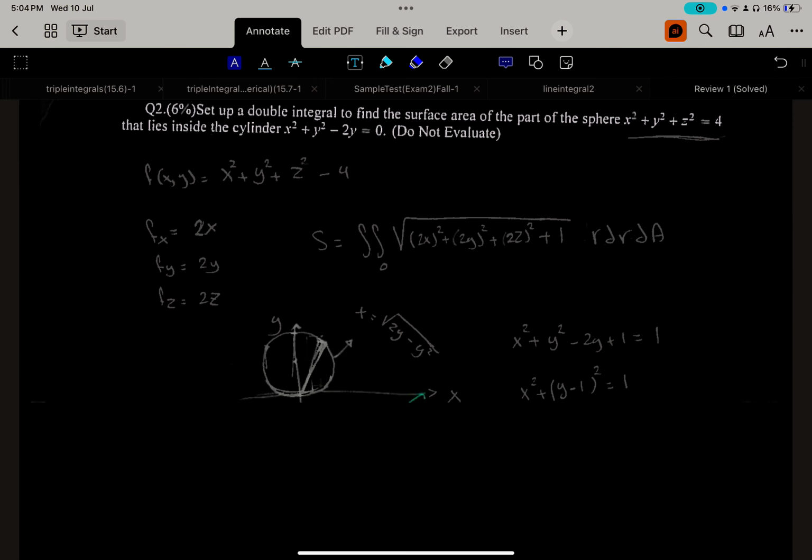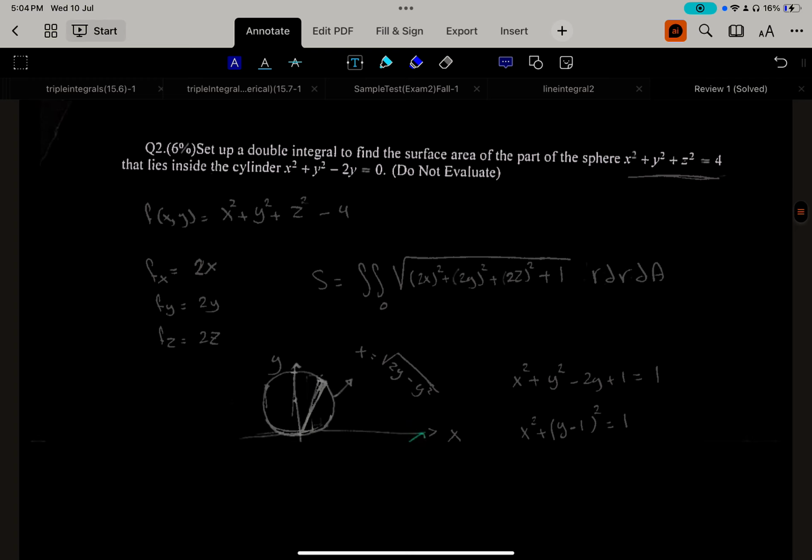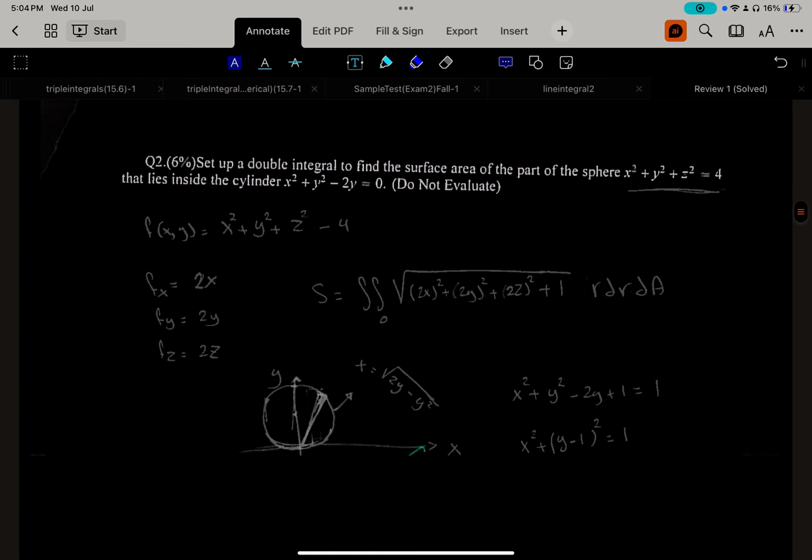So I see that there's x squared plus y squared plus z squared minus 4, and I see x.